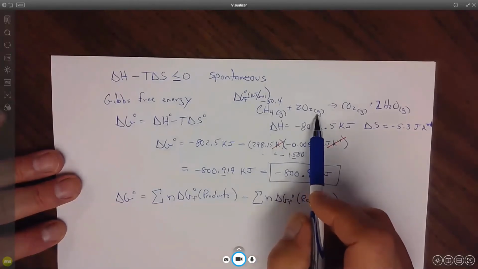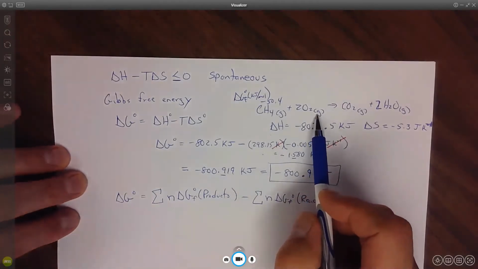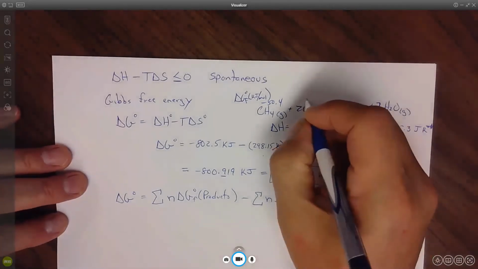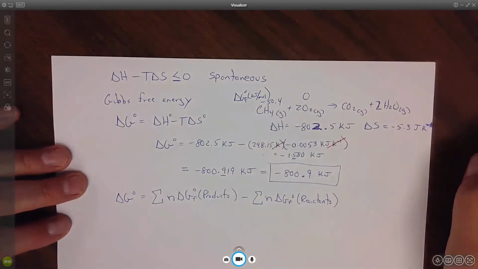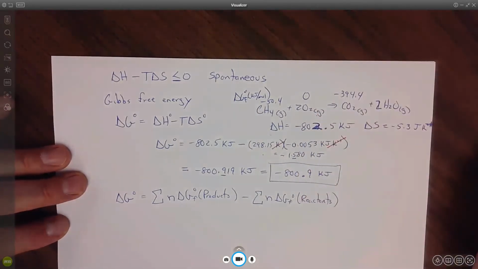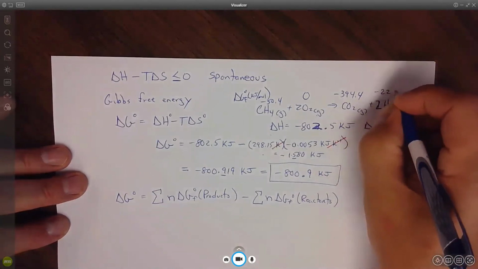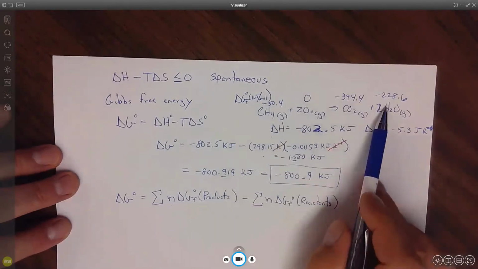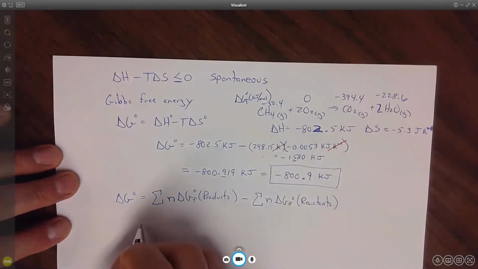Again, it doesn't take any energy to create O2 gas from O2 gas. So this again is going to be zero. We'll look it up for CO2, which is negative 394.4, and for gaseous water, negative 228.6. So now we can plug these values into our summation law.